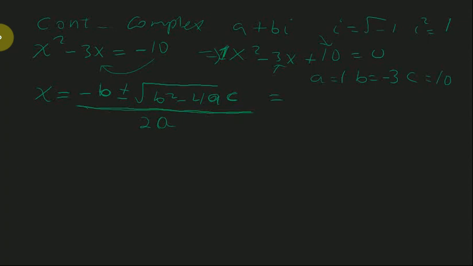Now x is equal to negative b, and b is -3, so negative times -3, plus and minus the square root of b squared, -3 squared, minus 4 times 1 times 10, right?